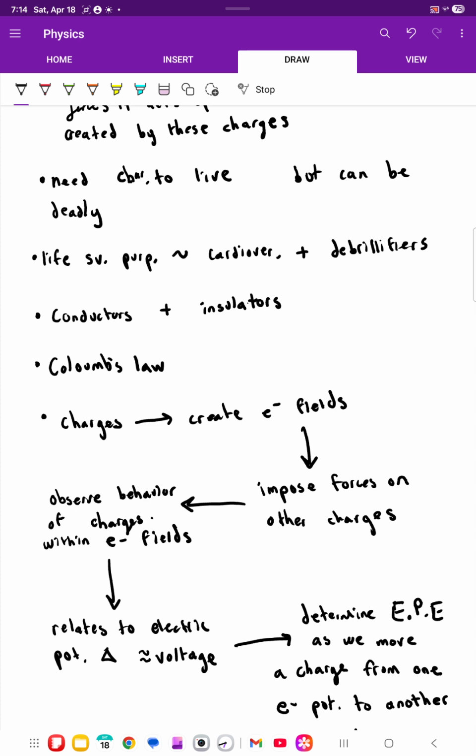We're going to observe behaviors of charges within those electric fields and relate it to electric potential energy difference, which is known as voltage. Voltage is electric potential energy difference.